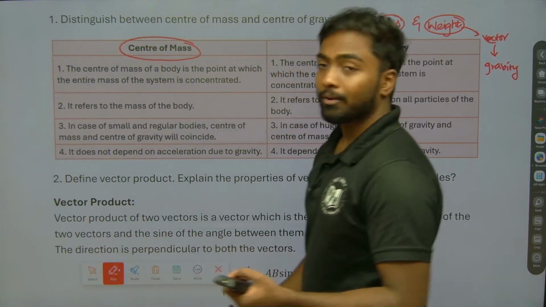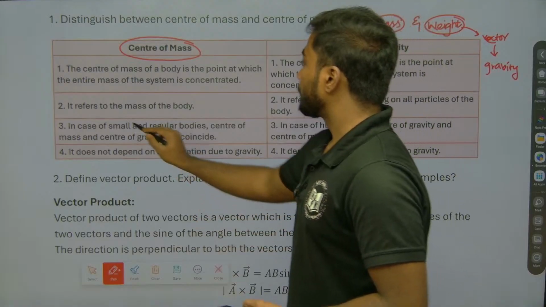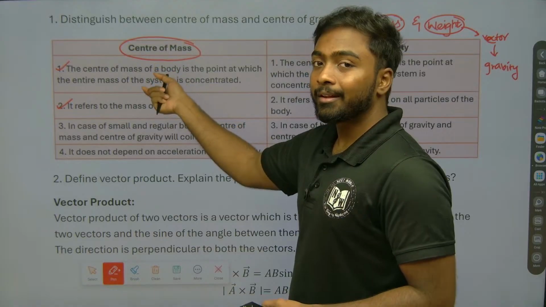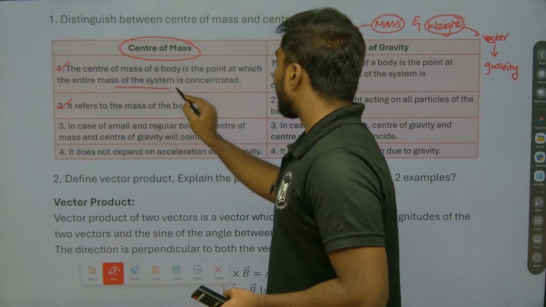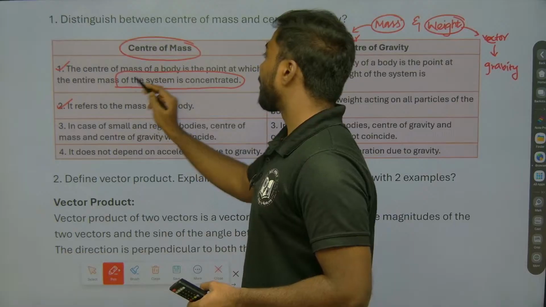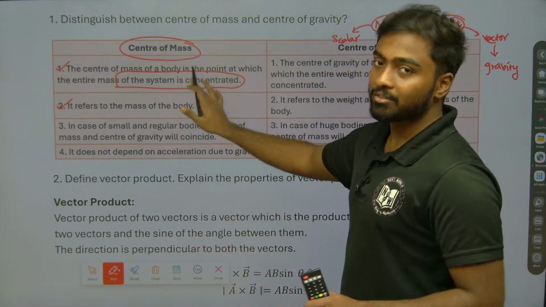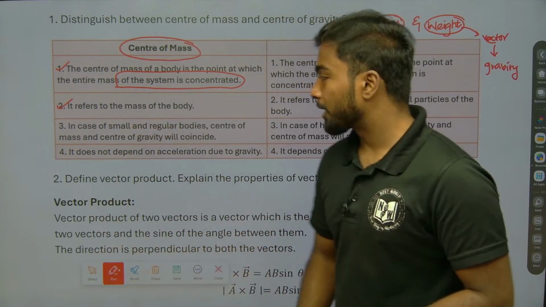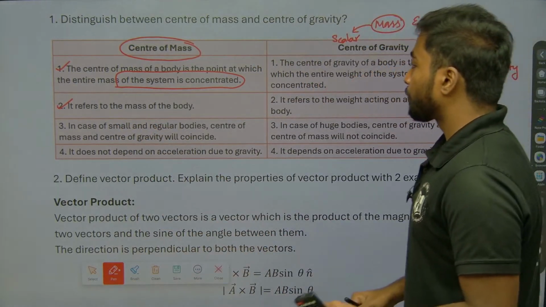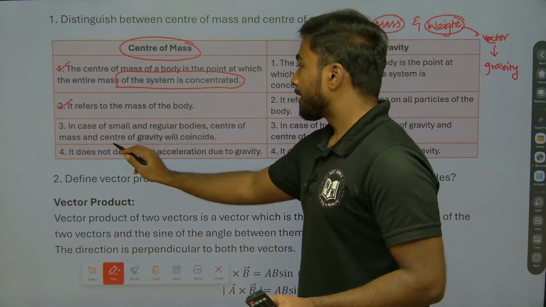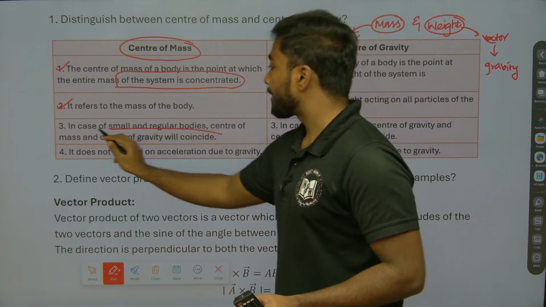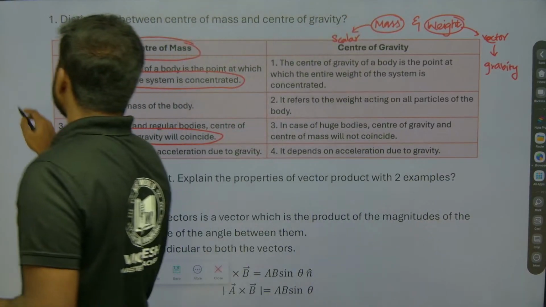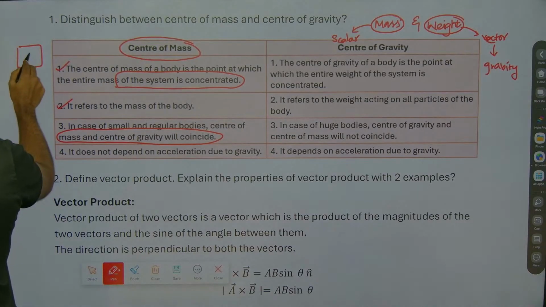The second point is, it refers to the mass of a body. The entire mass is concentrated, not at the center, we should not mention that. So second point, it refers to the mass of a body. And third point, in case of small regular bodies, center of mass and center of gravity will coincide. When I talk about the weight of a body, it will be directed downward.